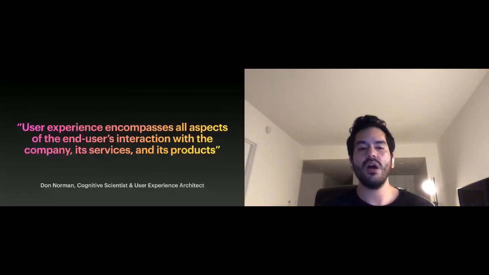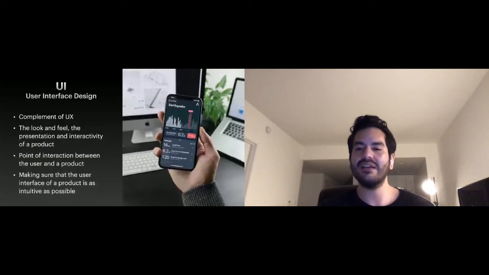Now, what about UI? User interface design is pretty much the complement of UX. It's all about the look and feel, the presentation and interactivity of the product. A user interface is the point of interaction between the user and a digital device or a product. For example, the touchscreen on your smartphone or the touchpad you use to select what kind of coffee you want from a coffee machine.